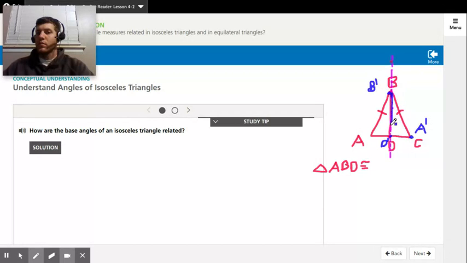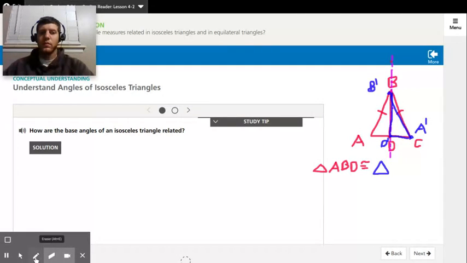So when we reflect that left half over that line BD, it's going to match up perfectly with triangle BDC. Because it lines up perfectly, we know triangle ABD is congruent to triangle CBD. I'm sorry, A matches up with C, and this is why, again, the order is important.